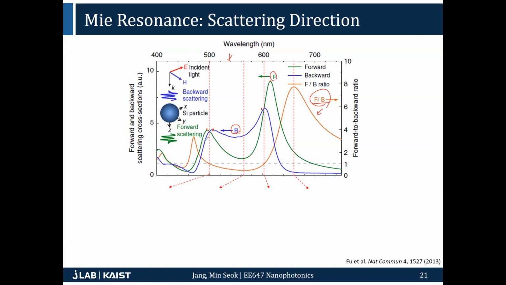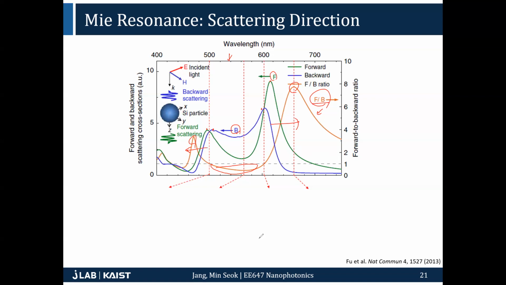If you are on this side or that side, the scattering is mostly forward, so the forward to backward ratio is larger than 1. Whereas if you are in this regime, in the middle, your scattering becomes mostly backward, right? So I just want to try to explain why this is happening, and why this is important.